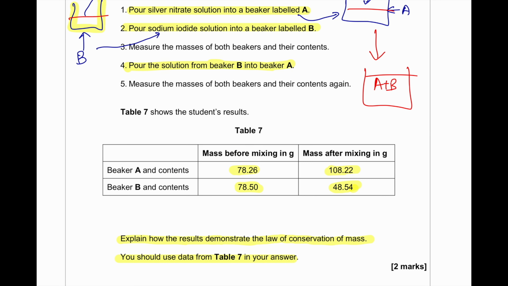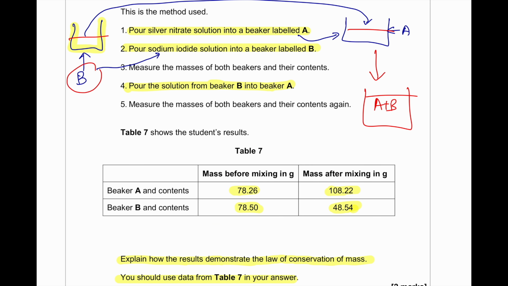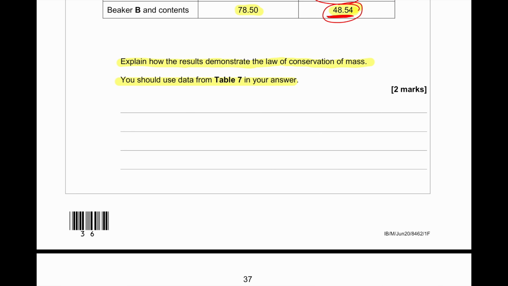Since we are pouring beaker B content into beaker A, beaker B mass has decreased. Whatever mass has decreased is increased on beaker A. And the reaction also took place.